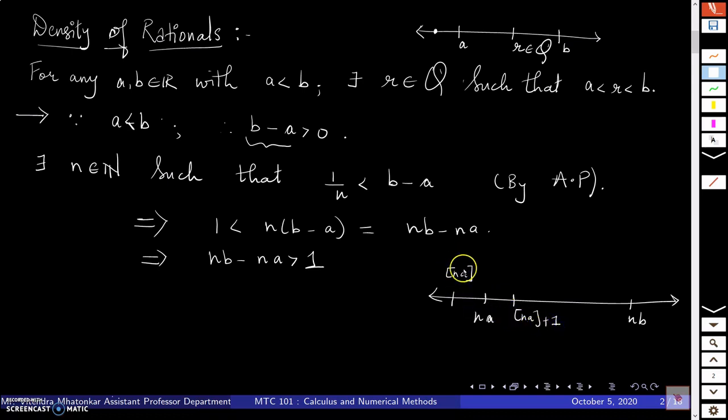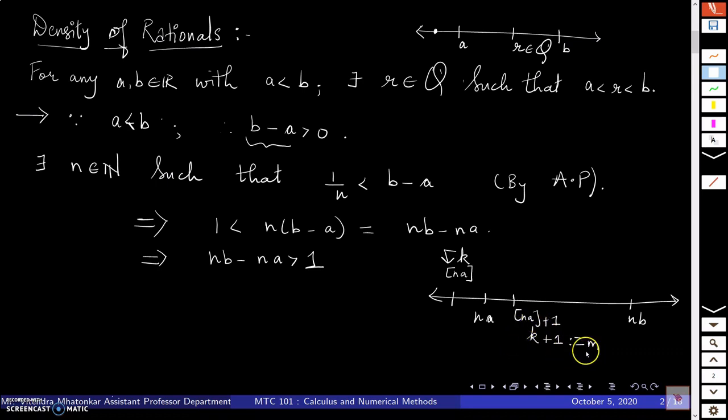If I give the integral part of na the notation k just for simplicity, then this is going to be k plus 1, and I can give some other notation, maybe m, to this. I'll define this to be equal to m.